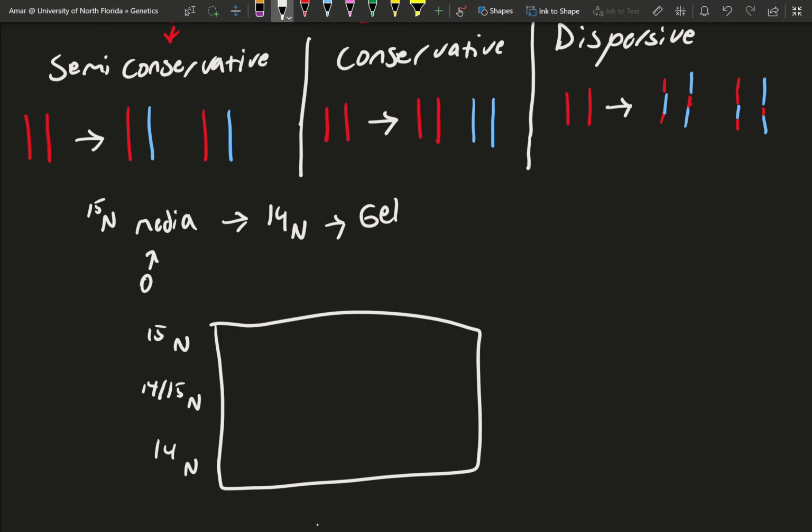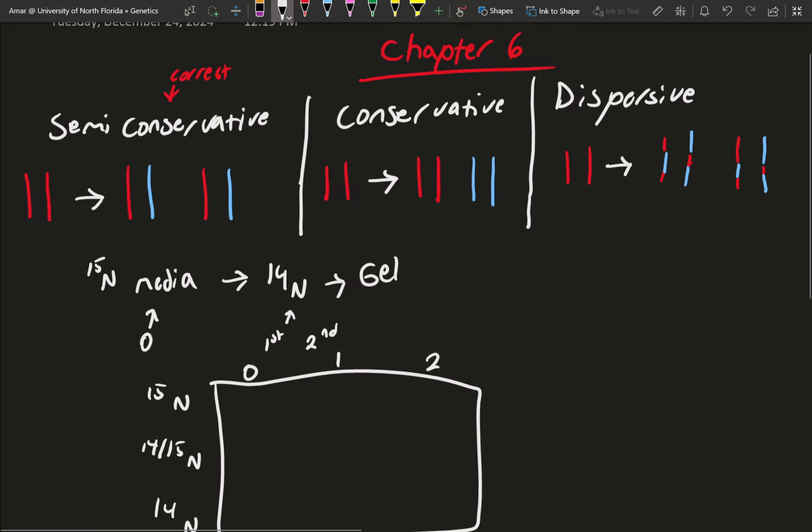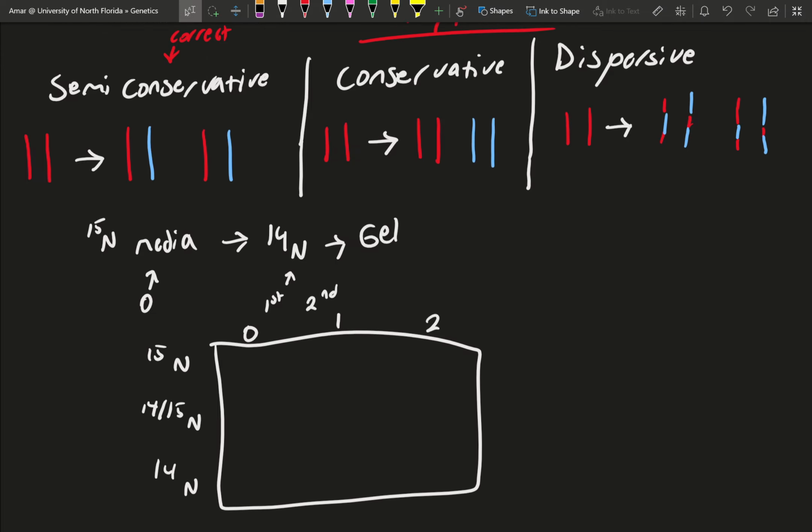After you transfer it into the N14, you would take two samples out, after the 1st generation of replication and then the 2nd generation. So you'll end up with three wells: 0, 1, and 2. It doesn't matter what model we begin with, because we're starting with N15, all of our samples should be at this particular density.